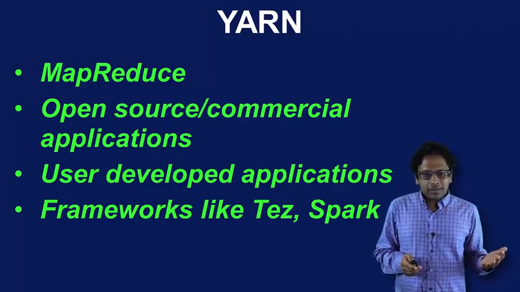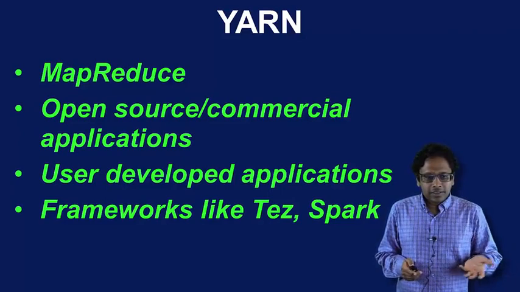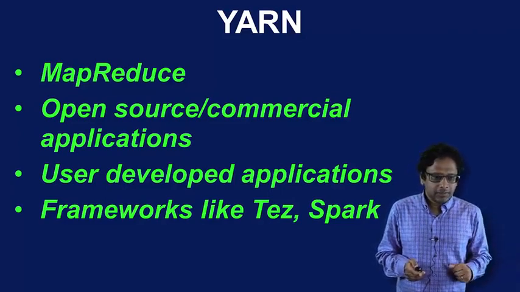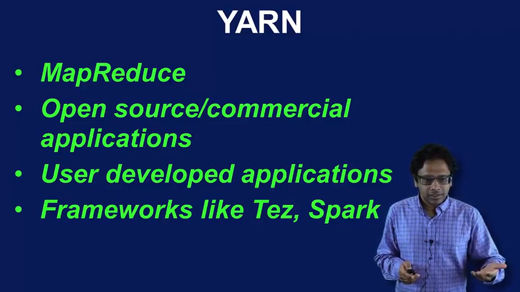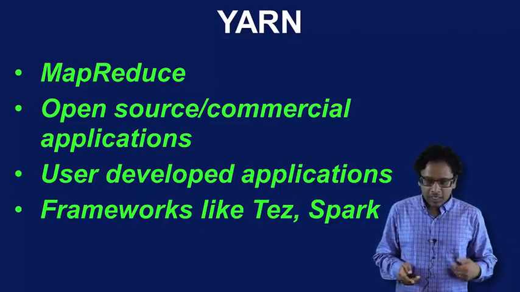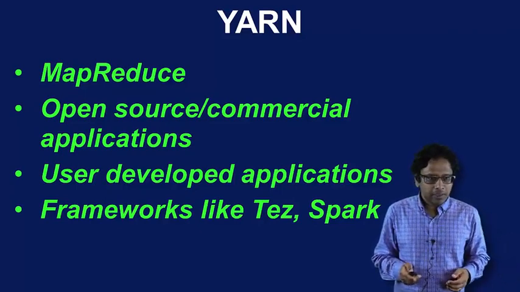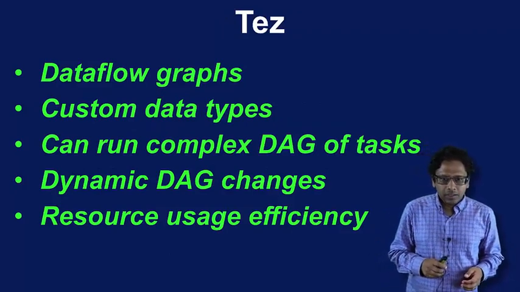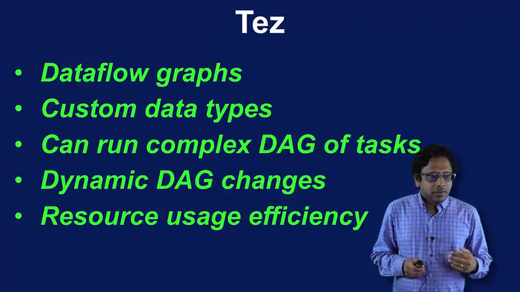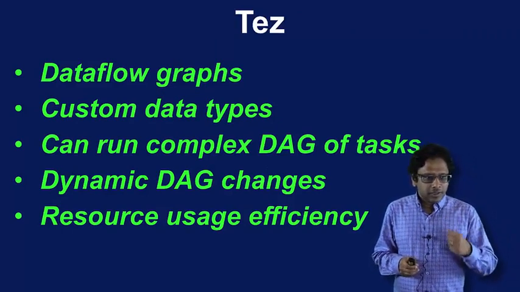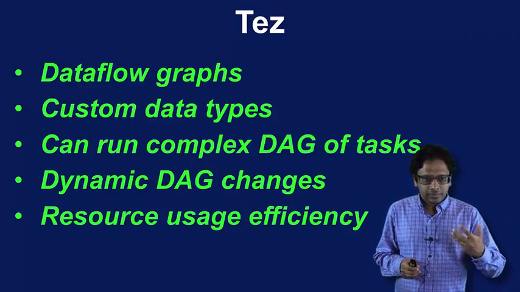The other thing that Yarn enables is frameworks like Tez and Spark that sit on top of it. They talk to Yarn for the resource requirements, but other than that, they have their own mechanisms of supporting applications. So we'll start off by looking at Tez. The main component there is essentially that it can handle data flow graphs.